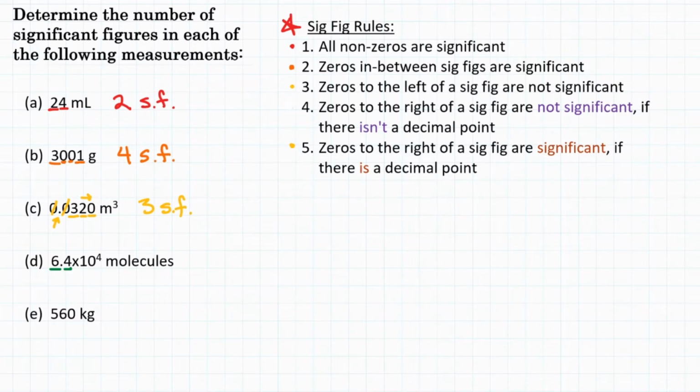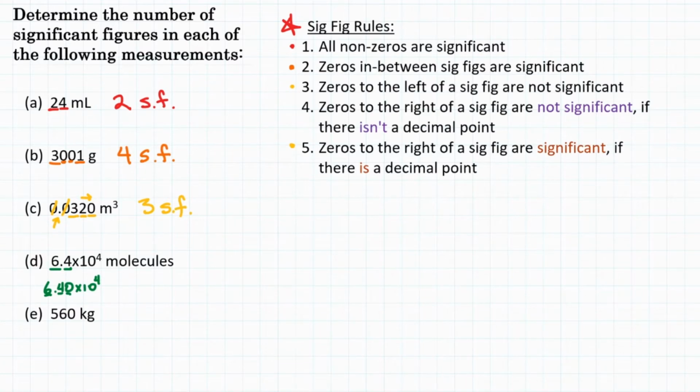Now, those both being non-zeros by rule number 1 are significant anyways. But if we had any zeros, like for instance, if we wrote 6.40 times 10 to the 4th molecules, the 6, the 4, and the 0 would all be significant because if that 0 wasn't significant, we wouldn't write it.